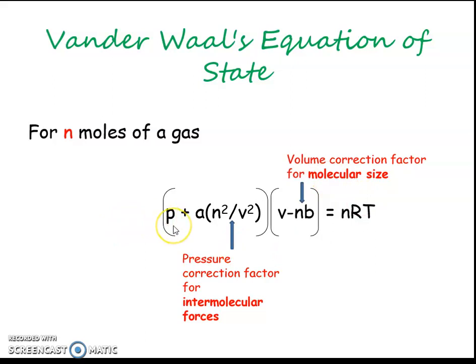Here, P is the pressure of the gas, n is the number of moles of the gaseous system, V is the volume, R is the universal gas constant, T is the temperature, and a and b are the van der Waals constants characteristic of the gas.